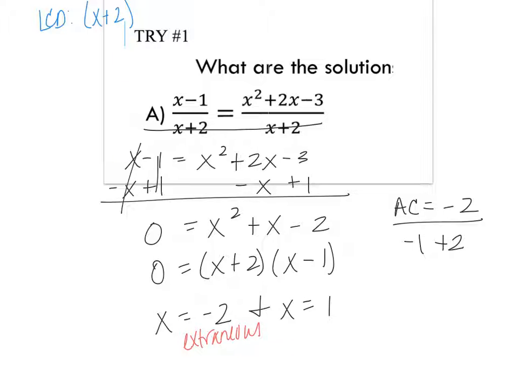So then that really leaves as a solution x equals 1, but you will always write both. So x equals negative 2 is extraneous, and then x equals 1 is actually the solution for this problem. All right, let's keep going.